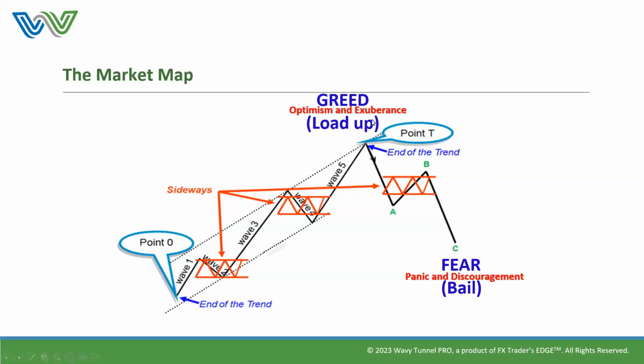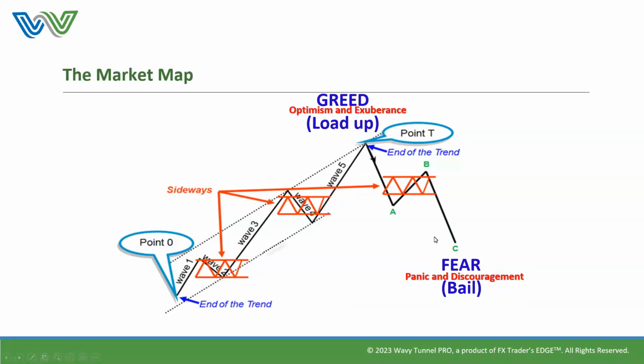Now, up here is when traders tend to load up. And I'm giving you this primer just because it'll help when we go through the live market examples. Up here, traders get very optimistic and exuberant. They load up. You have FOMO, fear of missing out. Greed sets in.